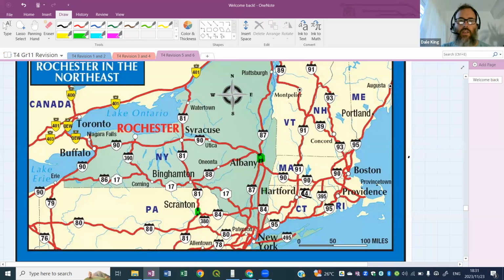Identify the roads that someone will take to go from Scranton to Albany. From Scranton to Albany, what roads must you take? Who can help me?